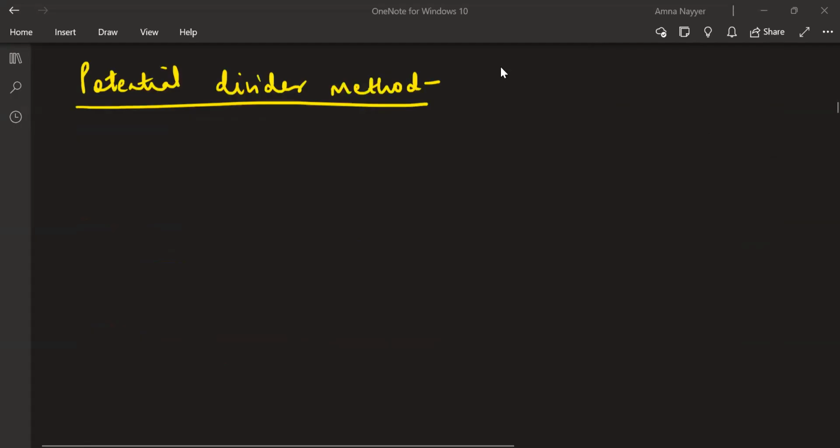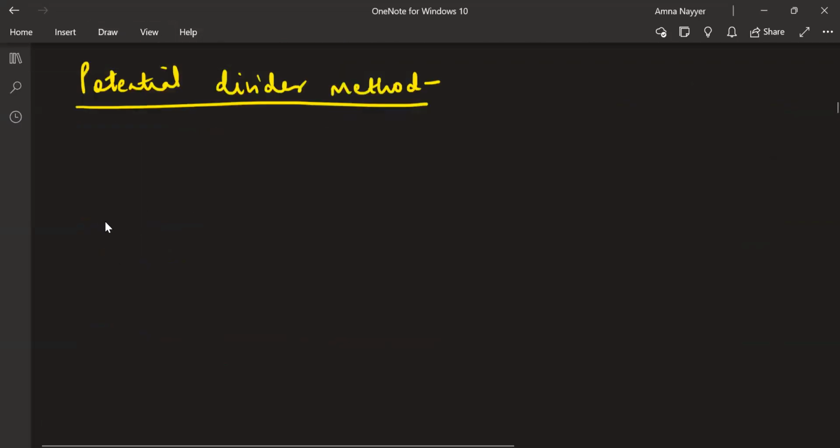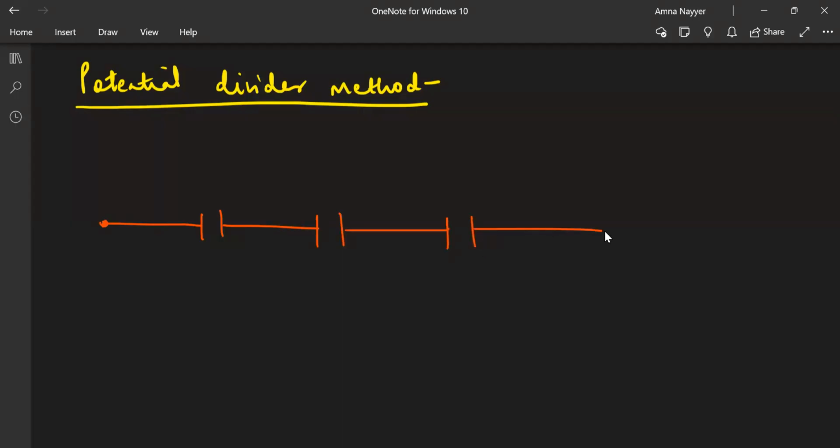Now see what's meant by the potential divider method. Let me give you an example of a circuit. Three capacitors are there, like this.